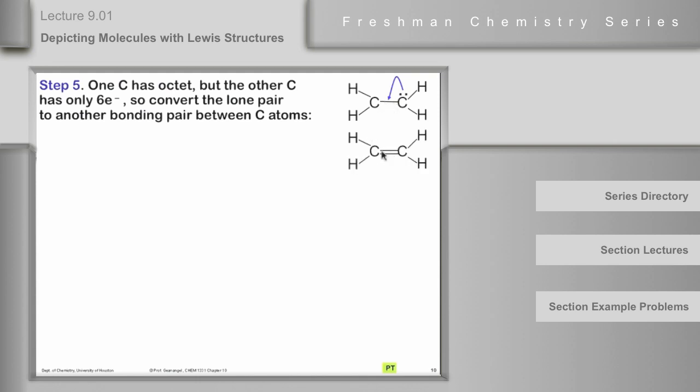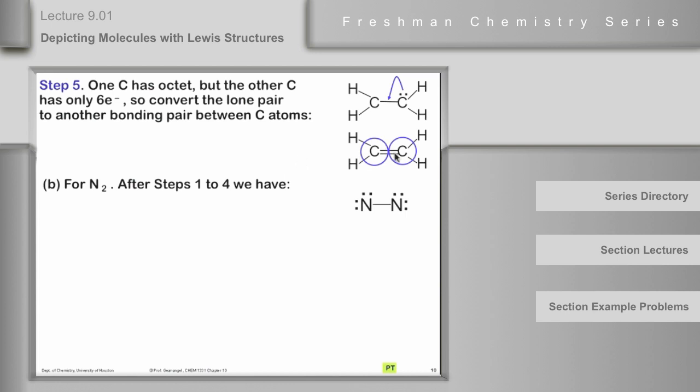And when we've done that, we have 4 electrons shared, and each carbon now has an octet. Making a multiple bond gets the 2 carbon atoms in the condition that they need to be in. Only doing that gets you to that place. Otherwise, you're going to have 1 carbon which is not where it needs to be in all cases.